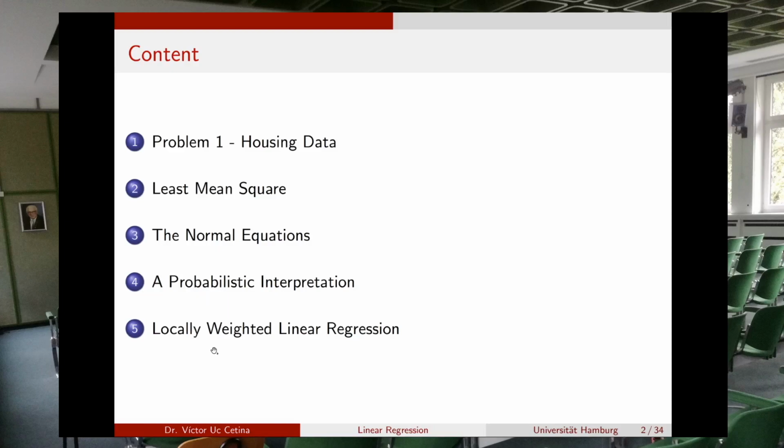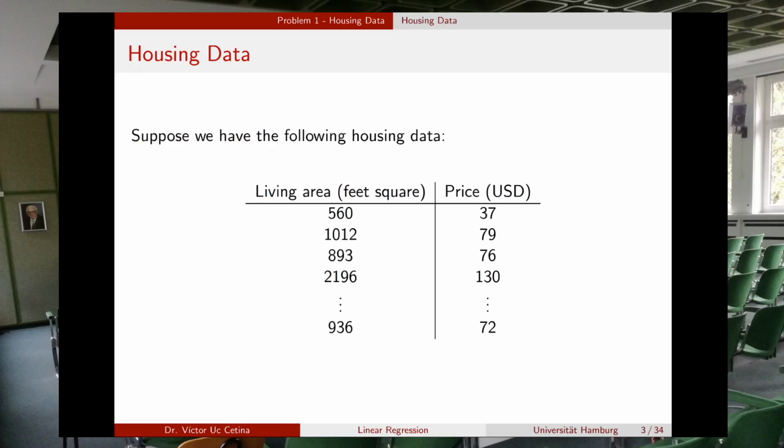And finally, I will explain a different method of linear regression, which is called locally weighted. The main idea behind this method is that we can fine-tune our model based on the point that we want to evaluate. So we can locally tune this model with respect to the point that we need to evaluate.